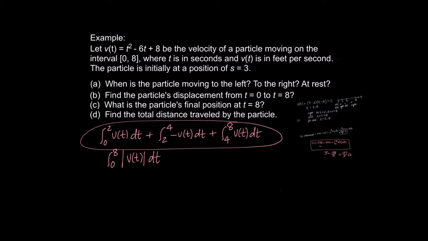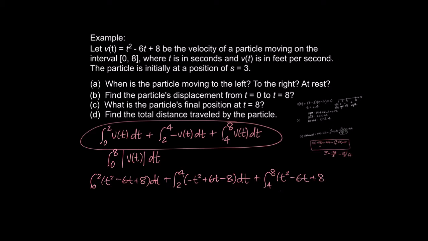So from 0 to 2, you are anti-differentiating t squared minus 6t plus 8 dt. From 2 to 4, you're anti-differentiating negative t squared plus 6t minus 8. And from 4 to 8, you're anti-differentiating t squared minus 6t plus 8 dt. So what you should do right now is pause the video, figure this sum out, and then restart the video to see if you got it right.